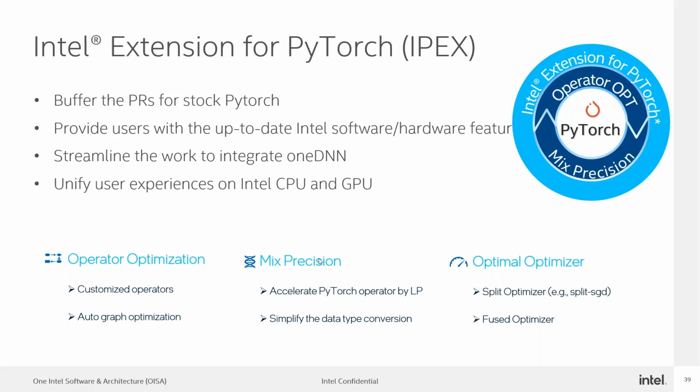For the mixed precision part, we accelerate the PyTorch operators by low precision data types like bfloat16 or int8, and we also simplify the data type conversion, because converting from float32 to bfloat16 or int8 takes extra effort. With IPEX, we can do this automatically.